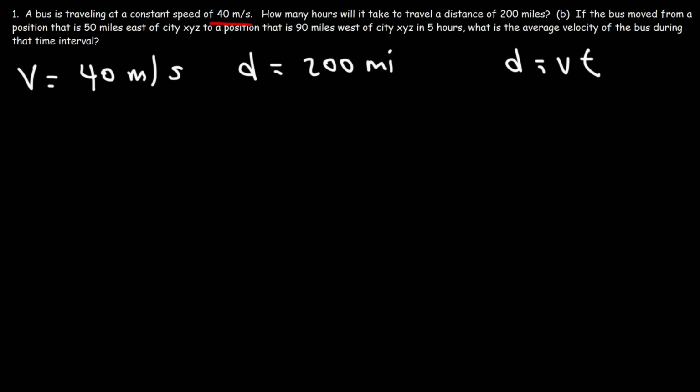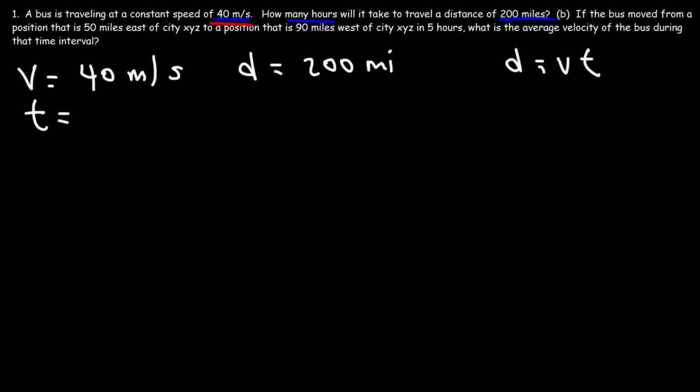Now, before we use that formula, we need to take a look at the units. Here we have meters per second, and here we have miles. And we want to find a time in hours. So we're looking for T. The units don't match. So before we could use the formula, we need to convert the units into an appropriate form.